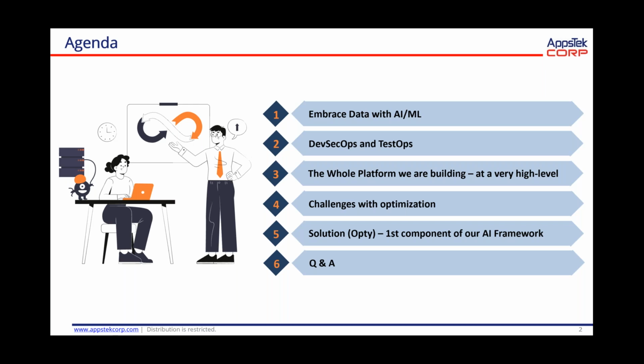And then the challenges with optimization. What are the different challenges which organizations today face? And then our solution, which is AI driven, is making a change to this particular space. And lastly, we'll take Q&A, and then we'll handle some of the Q&A questions.